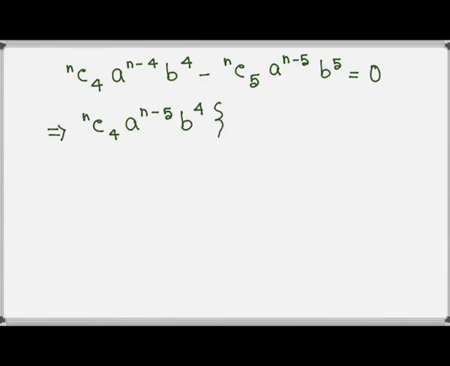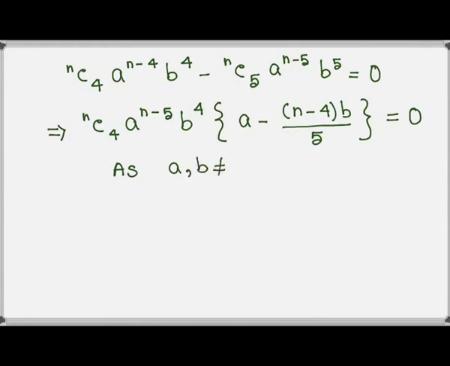Then we get a minus (n minus 4) into b divided by 5 is equal to 0. We are given that a and b are non-zero.